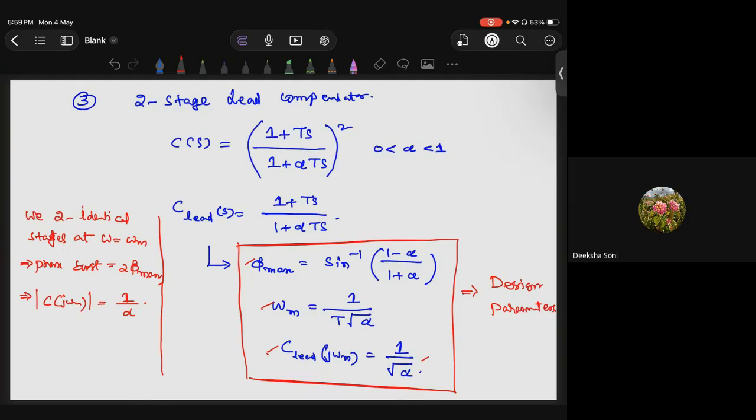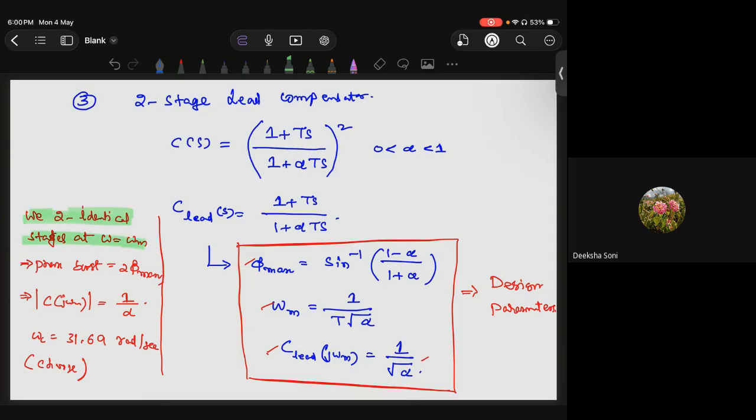Then let us choose this omega C as 31.69 radians per second. This is what we are going to do for two identical stages.